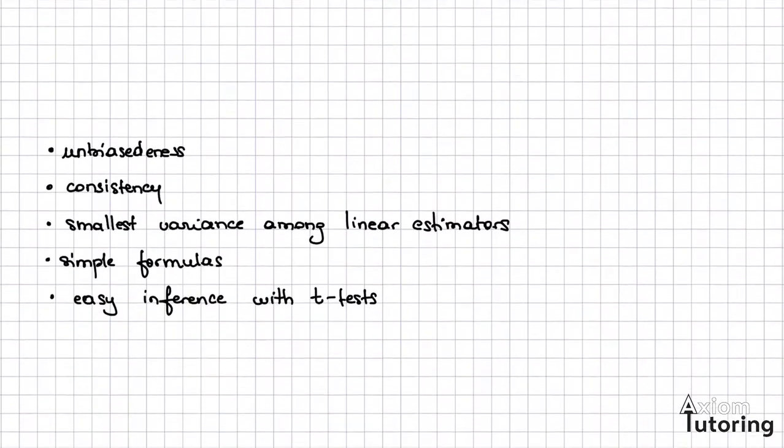What I mean is, under the right assumptions, our OLS gives us unbiased, consistent estimators with the smallest variance among all the linear estimators. It gives us simple formulas to work with, and it's easy for us to make inferences through the t-tests or even the confidence intervals.